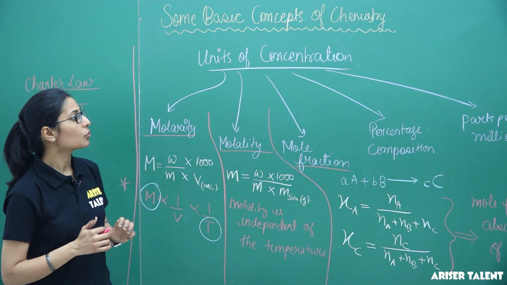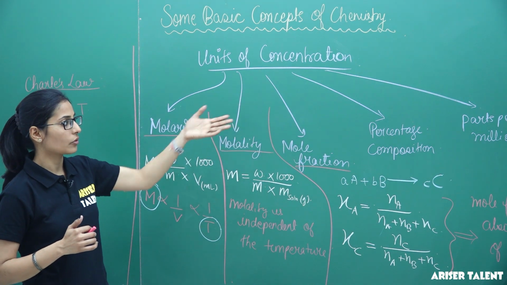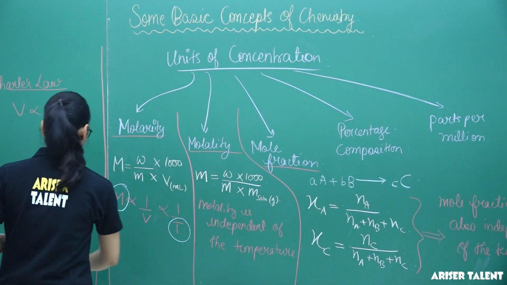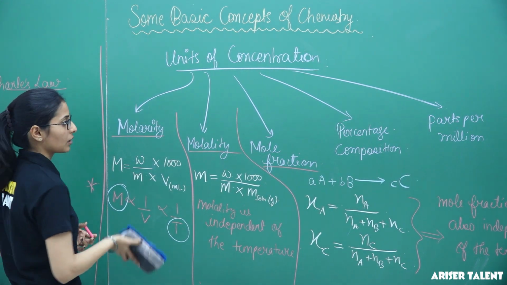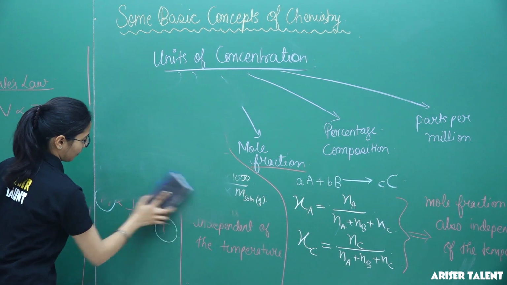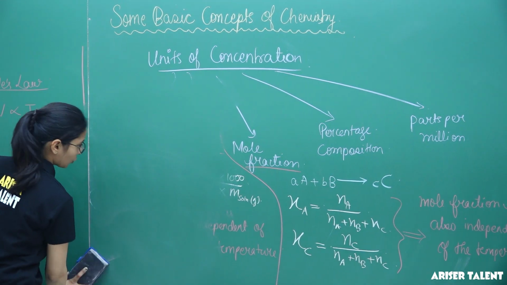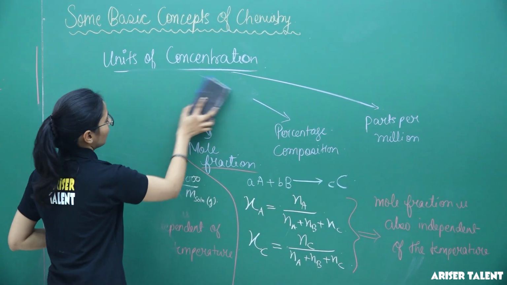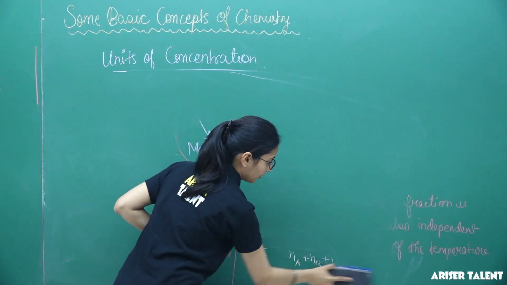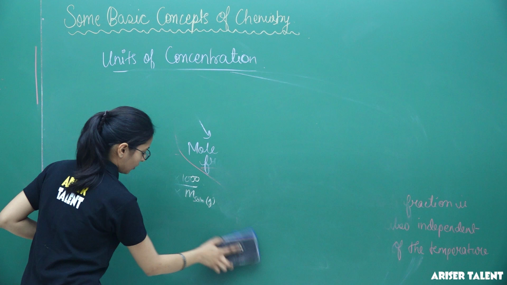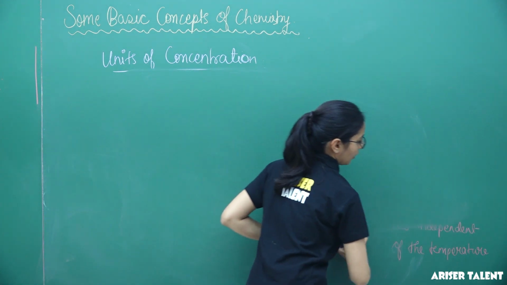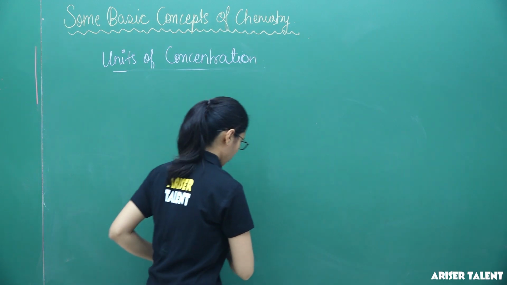Now, moving on to the 4th unit of concentration, which is percentage composition. Okay. So, now we start our today's topic. It is percentage composition. The name itself is saying what we are going to see over here.